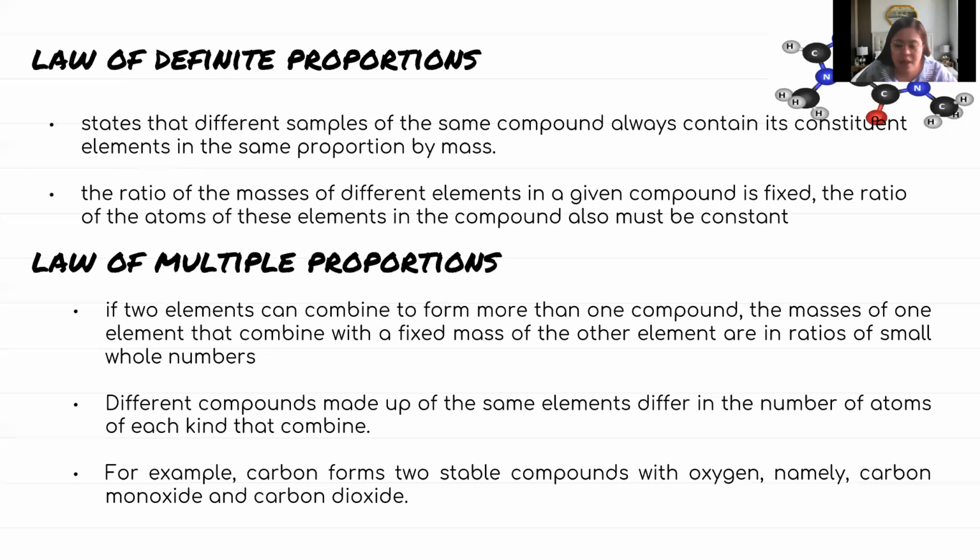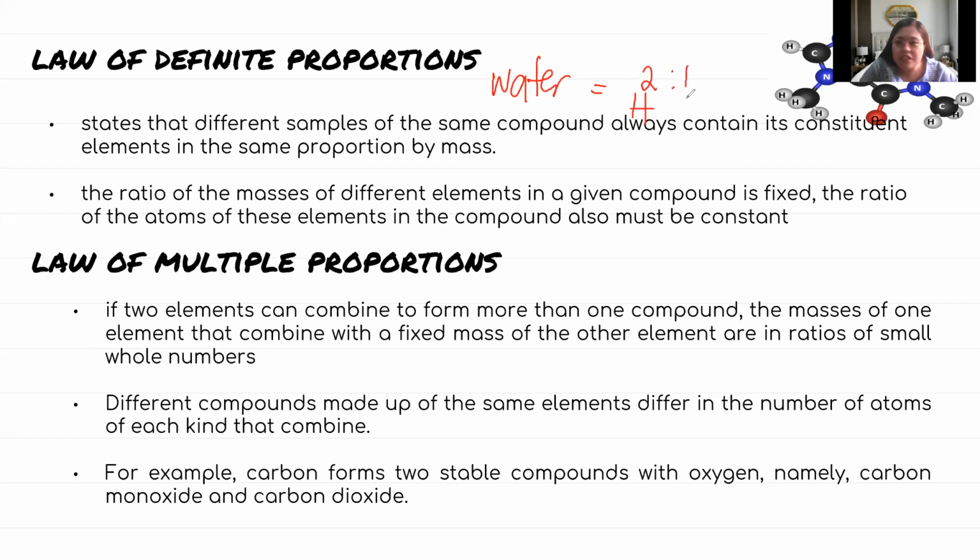Meaning, class, our elements combine with other elements to form compounds, but they do so in a fixed ratio or fixed proportion. I already mentioned earlier that to make water, it needs to be 2:1.